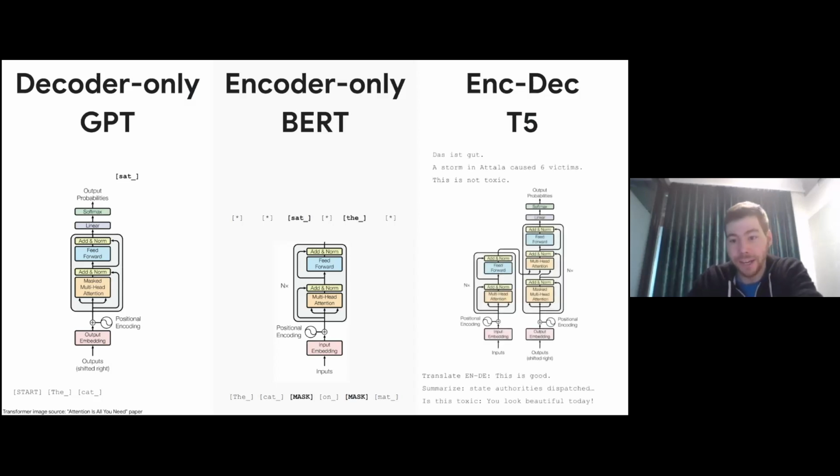Then there was T5, which is the full encoder decoder, and it basically poses a lot of language tasks as translation. For example, okay, clearly you can translate English to German. "This is good" would be an input in the source language, in quotes. And then the output expected is "das ist gut." You could do summarization: as input, you give "summarize" and then a whole news article.